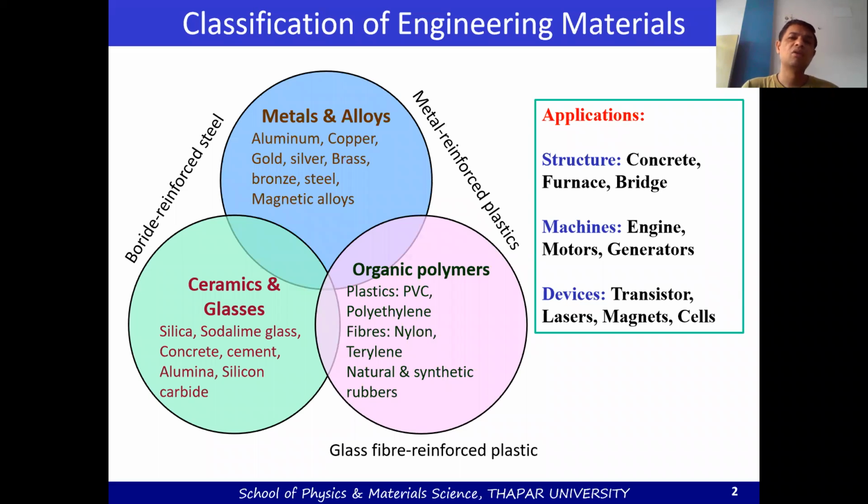Based on this, we have primarily three major subclasses of engineering materials. The first major class is referred to as metals and alloys. Metals, all of us are familiar with, so I need not define what I am referring to as metals.